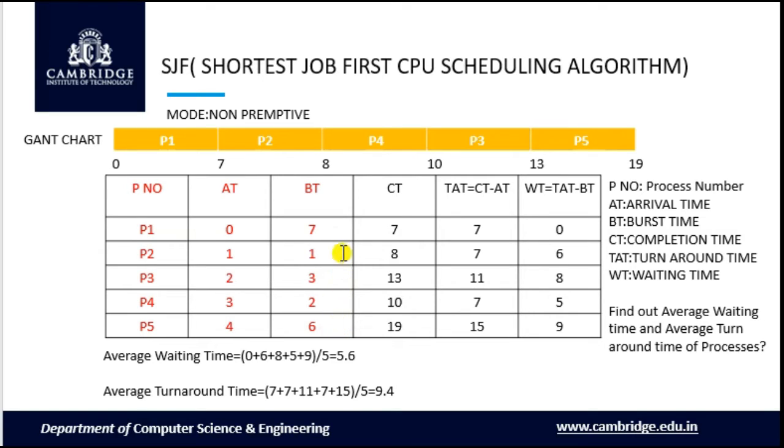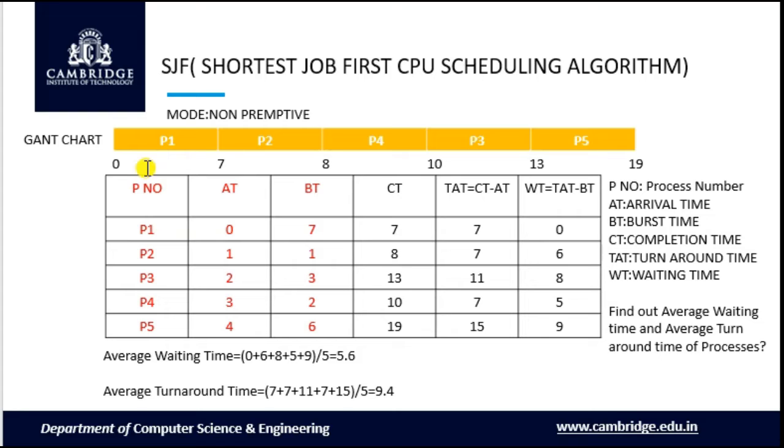But its arrival time is 0, so it compulsorily has to be scheduled in the Gantt chart first, and afterwards the shortest job first scheduling algorithm is applied as far as the CPU is concerned. We consider the arrival time of P1 because it is 0. P1 is scheduled in the Gantt chart.